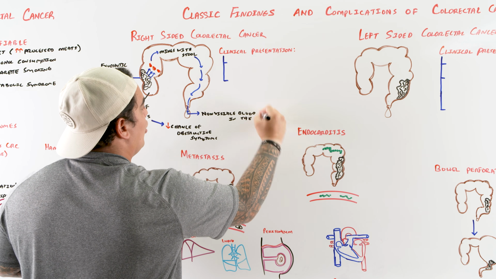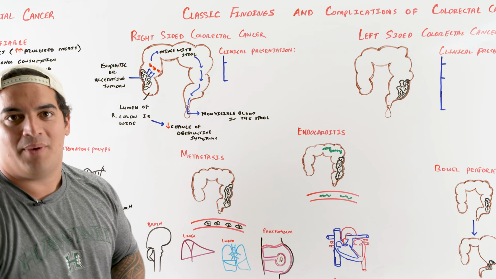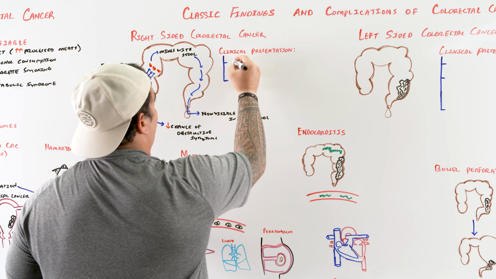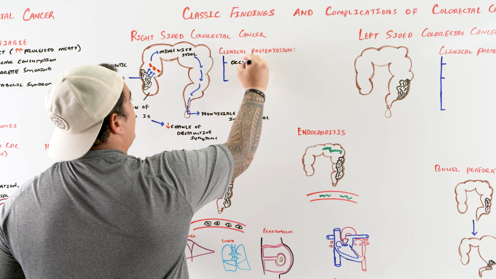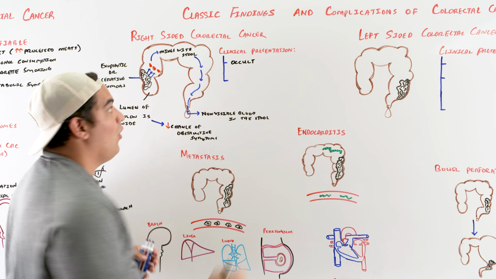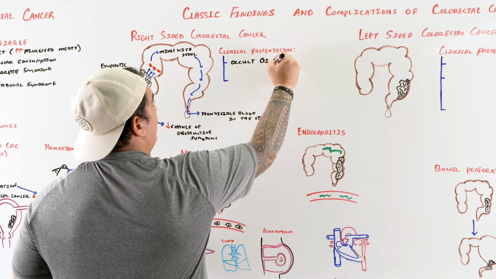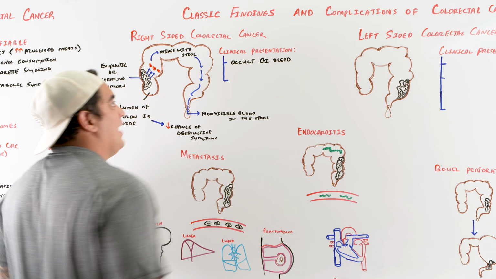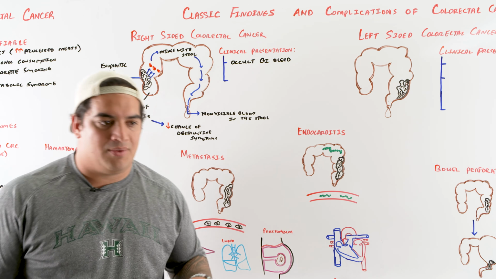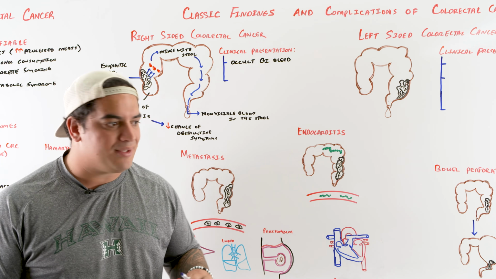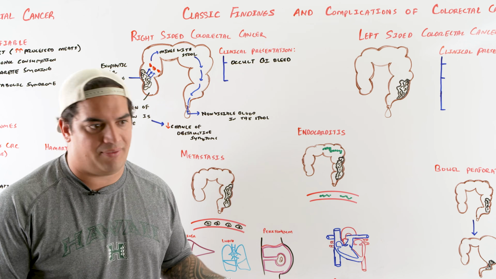Now, there is a term for this, non-visible blood in the stool. Do you know what we call that? Occult GI bleed. So the most common presentation is that you don't know it, it's an occult GI bleed. All right, so that's one way. Now, occult GI bleeds can present a couple of different ways.